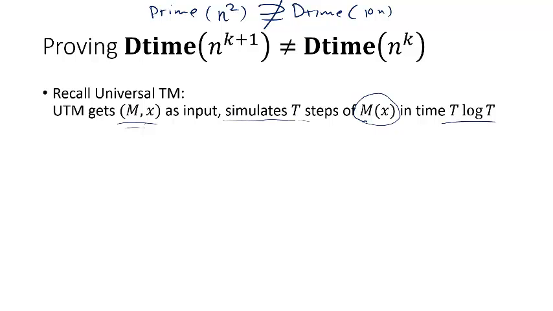So the general idea is that we should construct a language, and along the way show that this language can be solved in n squared time. However, using the same kind of contradictions that we saw in the halting theorem, we should be able to argue that this language cannot be solved in, say, time n.